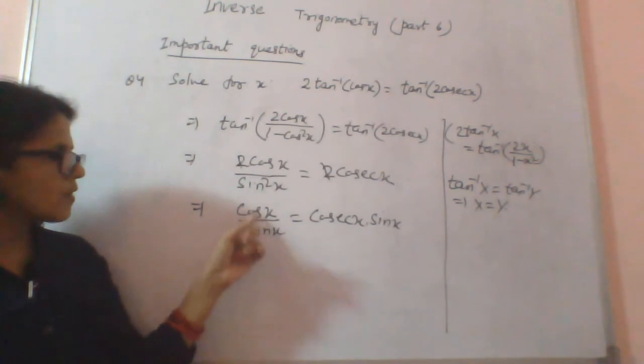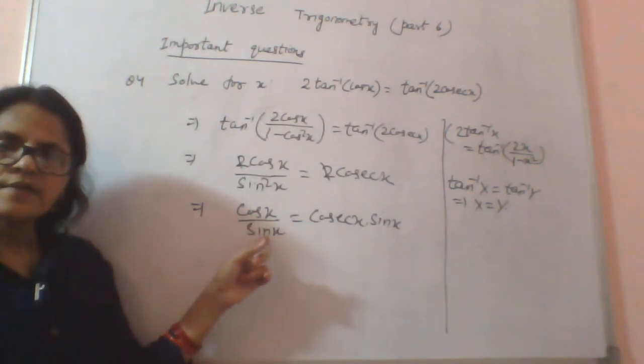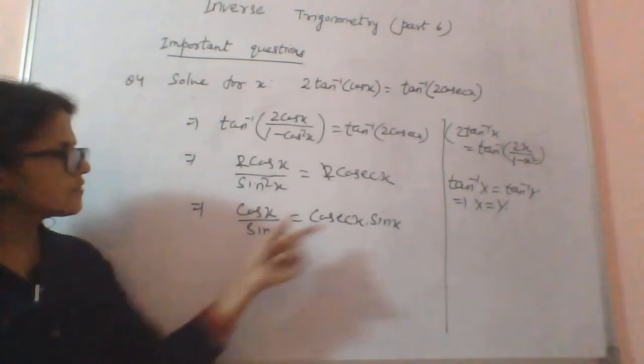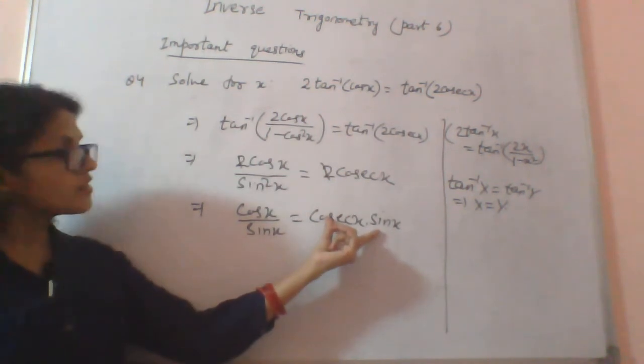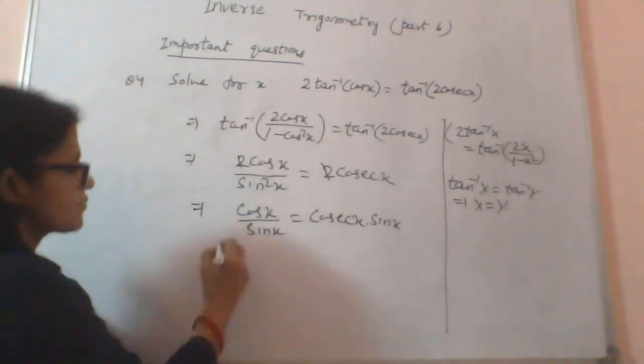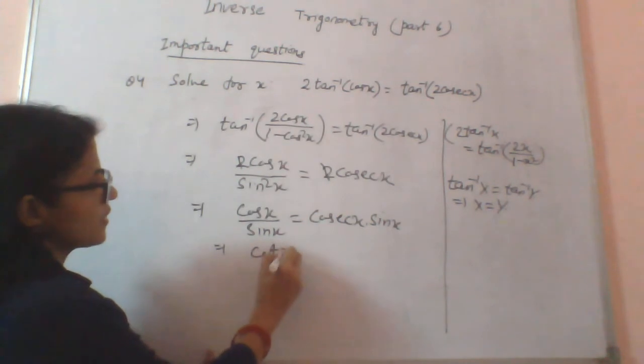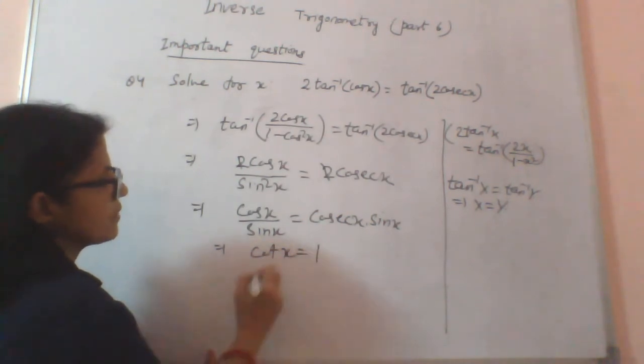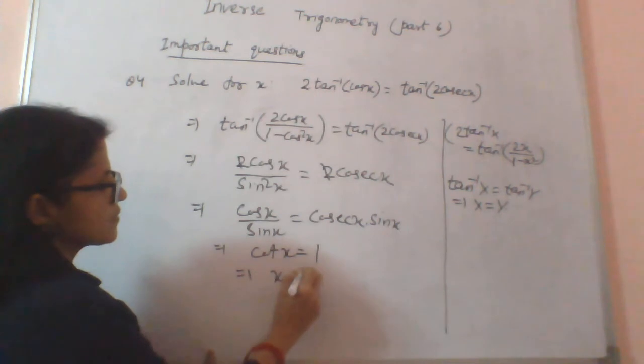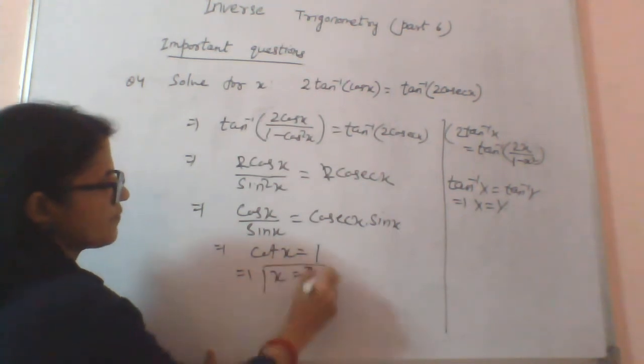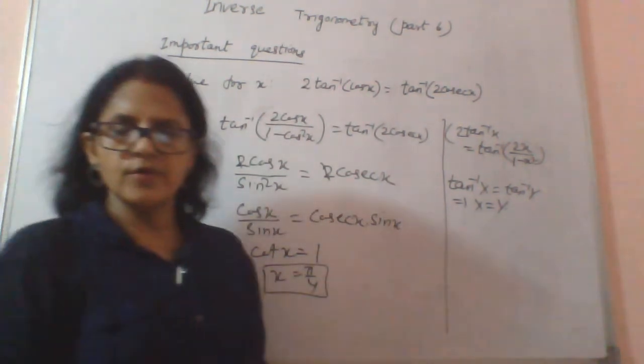So we are having cos x by sin x, that is equal to cot x. Cosec x into sin x is 1. So you are getting here cot x equal to 1, means x equal to pi by 4. Okay, you can have only one value here.